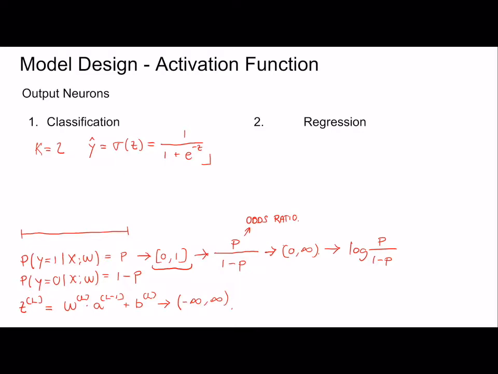And now, if we plot this, it essentially looks like this. This will be 0.5, here I have 0, and here I have 1.